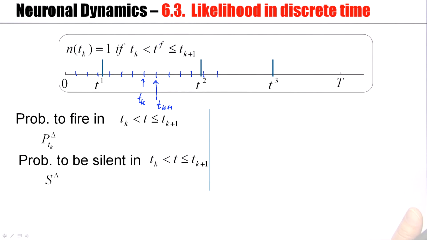Now let's look at the probability to survive this interval, the time step delta, without firing. The probability to be silent in this interval delta is given by the survivor function. I integrate from tk to tk plus 1, rho of t prime dt prime.